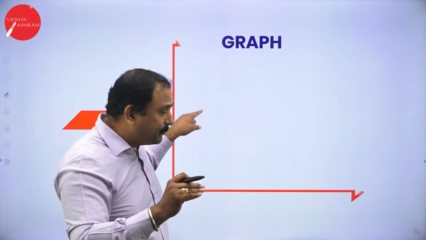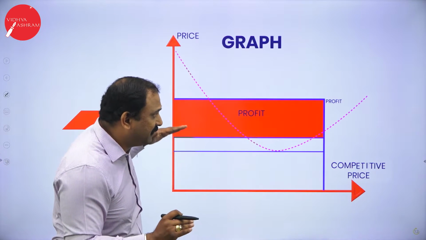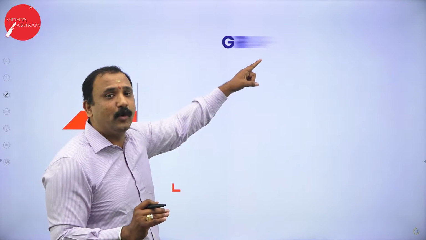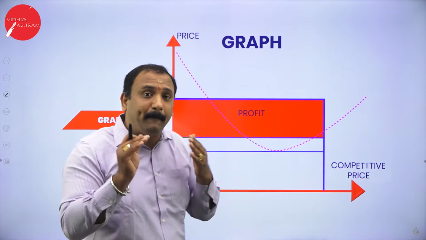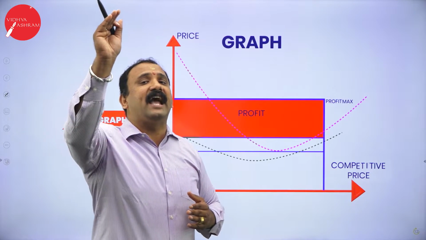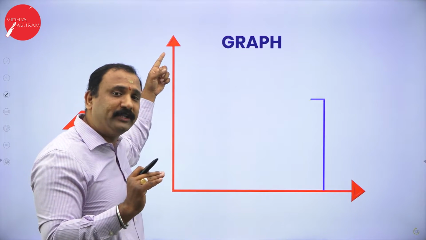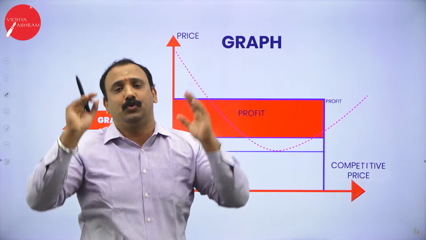Marginal cost should not be declining, it should be going up. So in the graph you can see very clearly that the marginal cost is continuously going up, it is not decreasing. And the most important thing, the price should be greater than the average variable cost. So automatically when the price is above the average variable cost, you start attaining a profit situation.